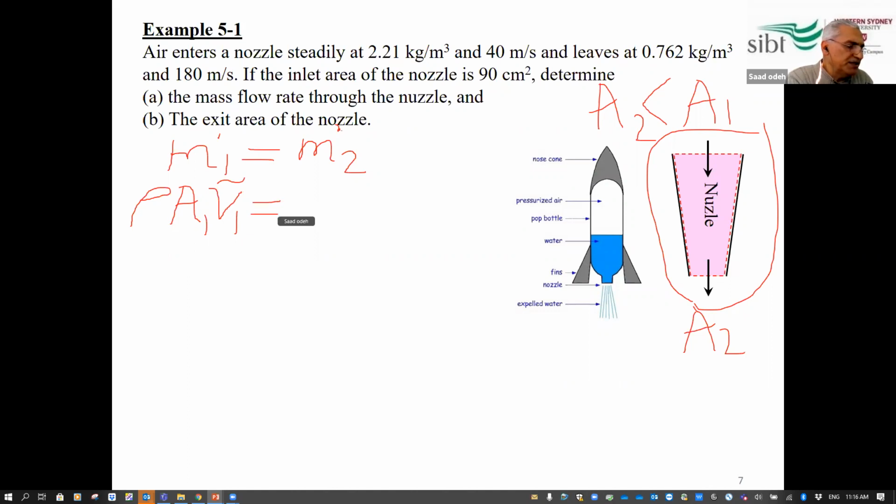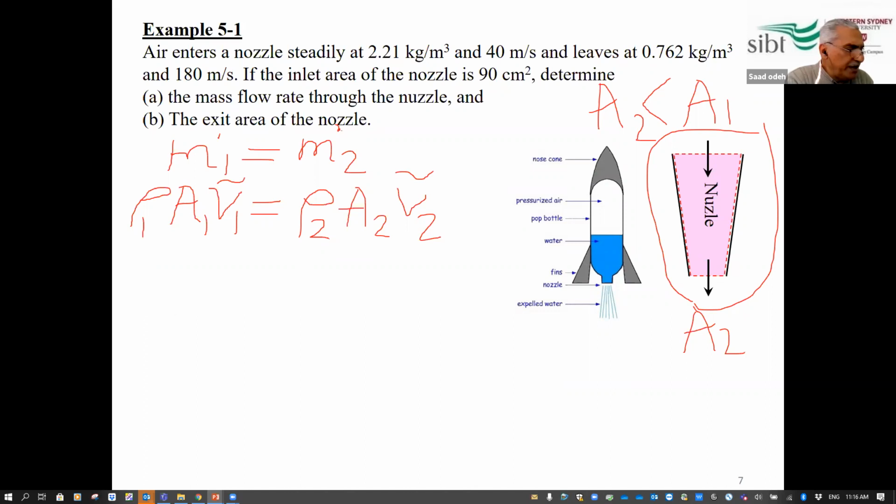If we assume that density doesn't change too much, we can use the same rho, multiplied by area A2, multiplied by the velocity at the exit.